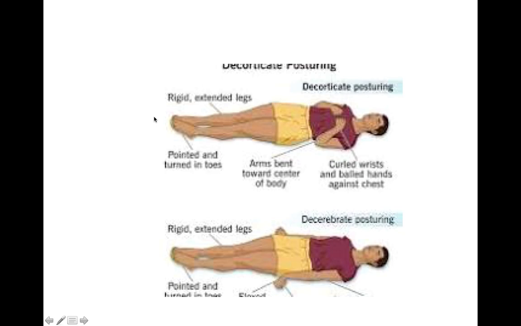Then what is the difference between decorticate posturing and double hemiplegia? The only difference is that the patient with decorticate posturing is in a state of unconsciousness, whereas the patient with hemiplegia is conscious.